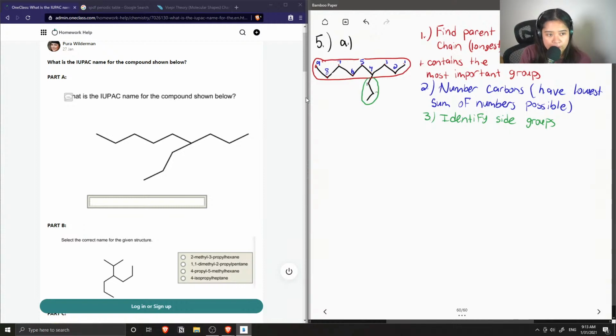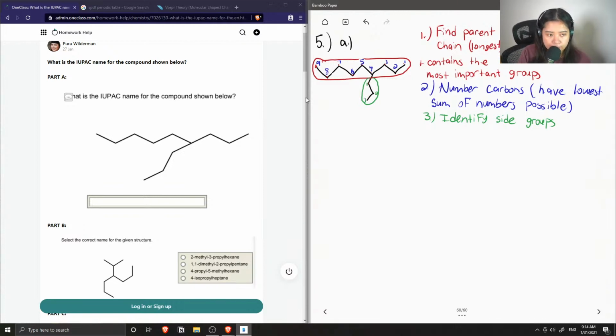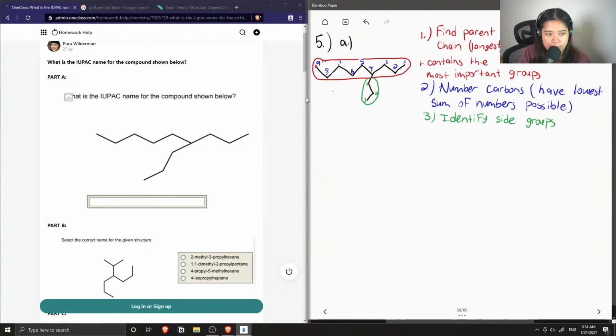And if we number it as well, you'll see that it only contains 3 carbons. So this is known as a propyl group. So now when we name this structure, we first need to write out which carbon contains the propyl group. So it's carbon 4. So we write 4-propyl.